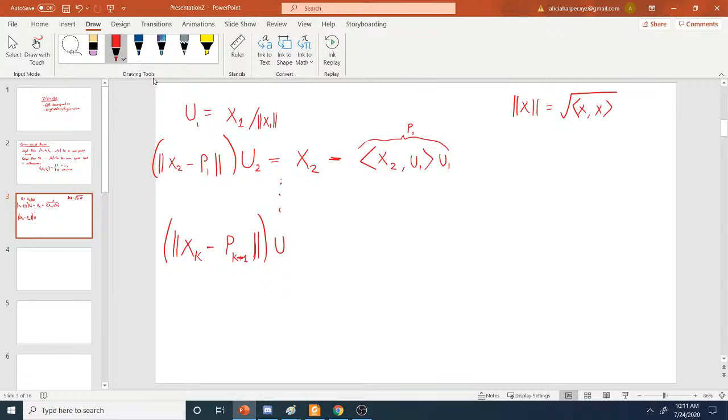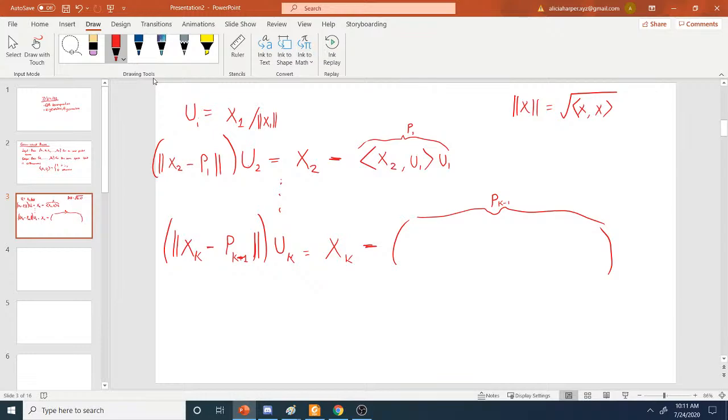And then this will be multiplied by uk, and it's going to be set equal to xk, and then minus a bunch of stuff, and this stuff is what we're going to call pk minus 1. So let me say what the stuff is again. Basically what we're going to do is we're going to take our vector xk and project it onto all the u's computed previously.